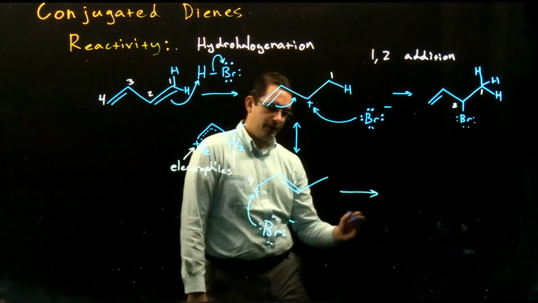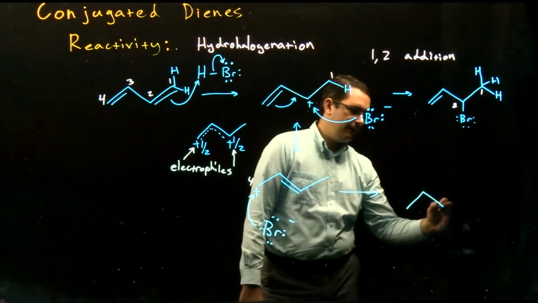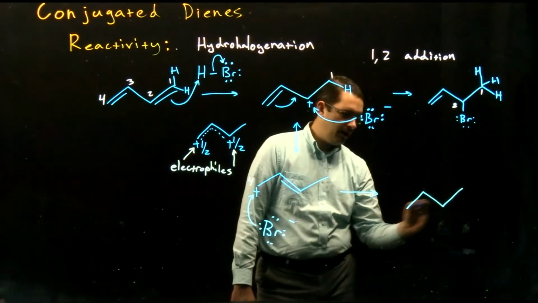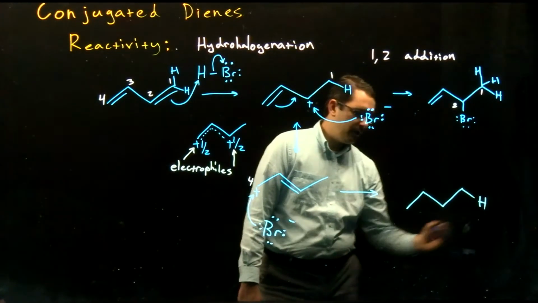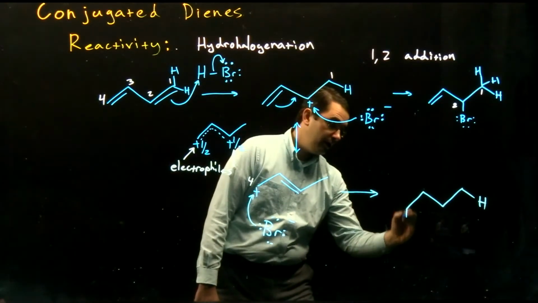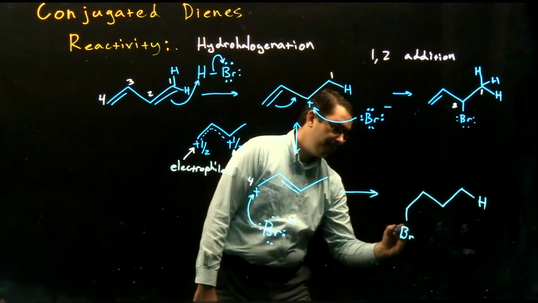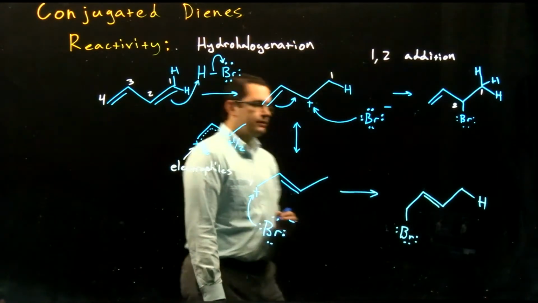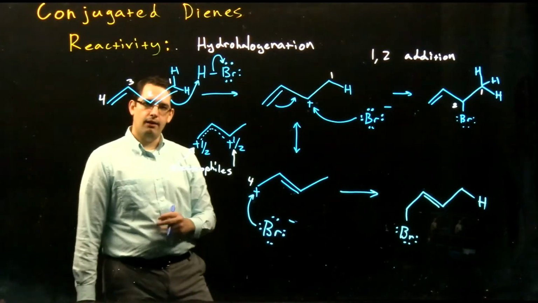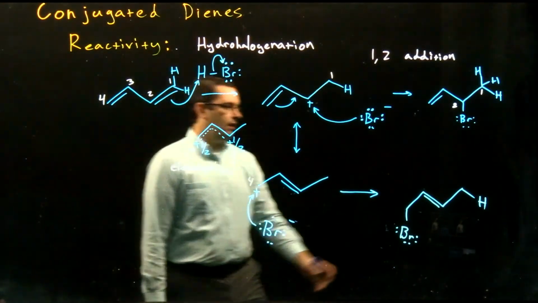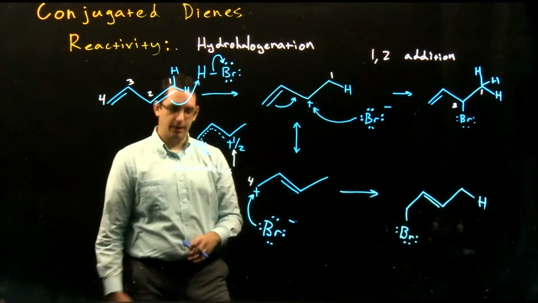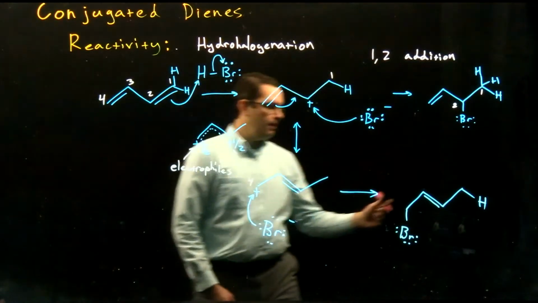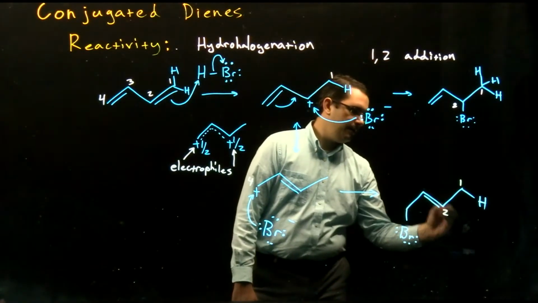And now this would produce a slightly different product from our original 1,2 addition product. So our bromine ends up down here at the end, and now our double bond actually ends up here in the middle of our 4-carbon chain. Our hydrogen still ends up way down here at the first carbon. So we added our hydrogen on the first carbon.